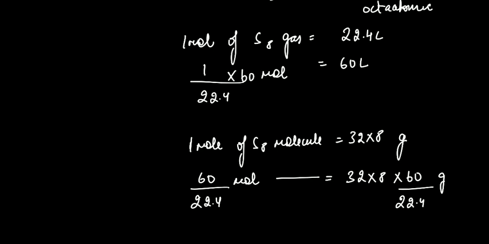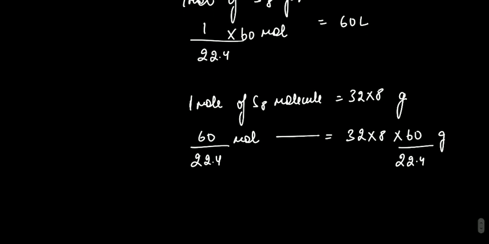So we can calculate 32 into 8 into 60 divided by 22.4. This is coming to be quite a big number, 685.7 gram.